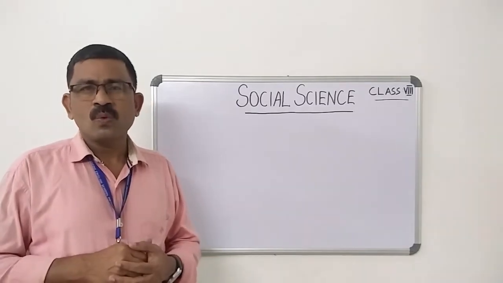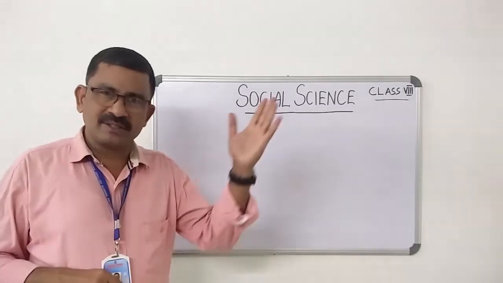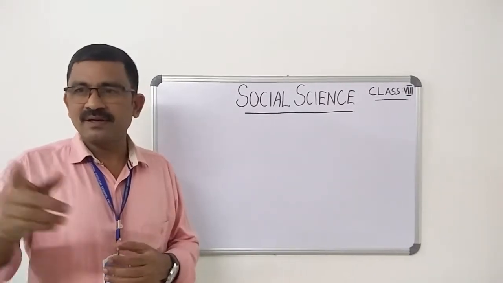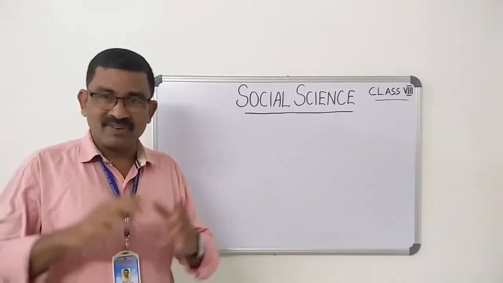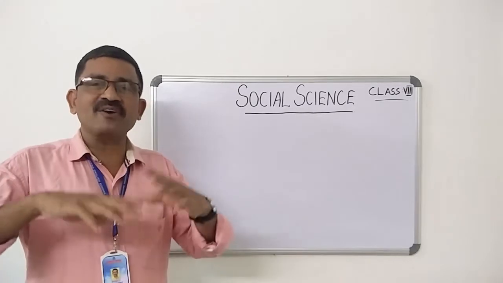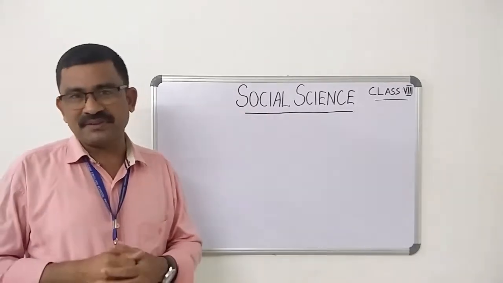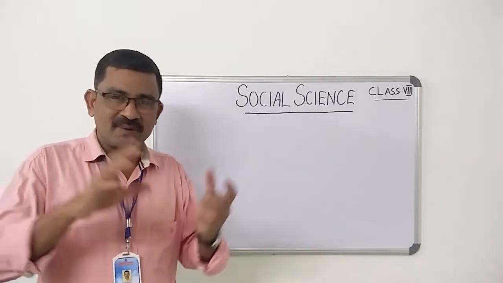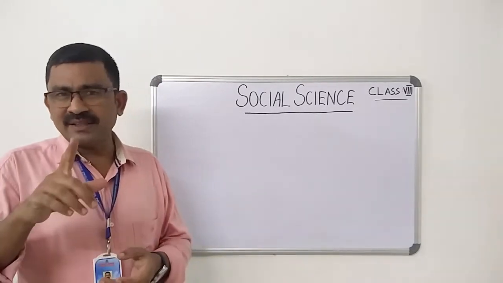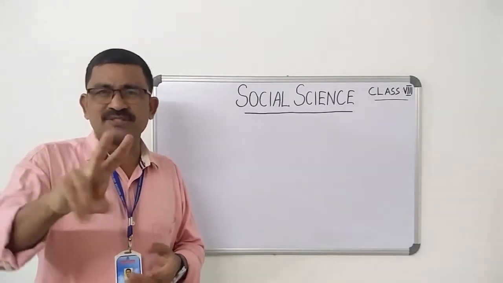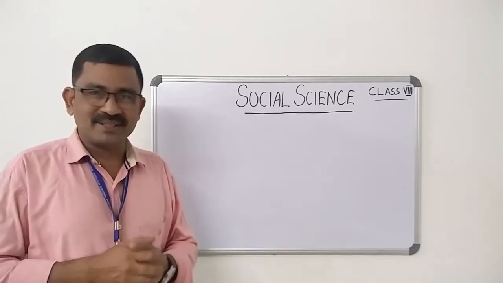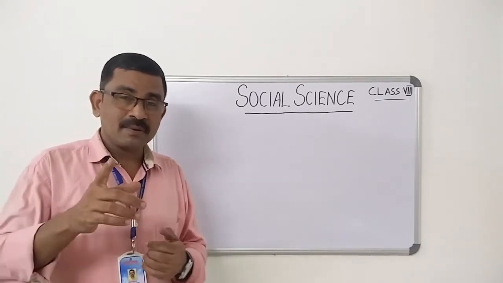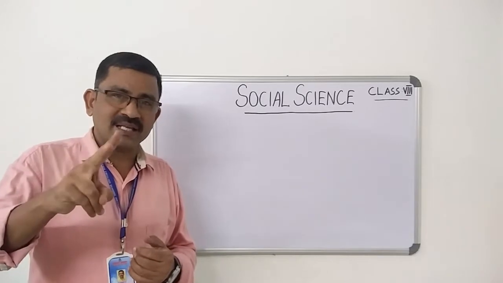Students, what have we learned in the previous class? Yes, we learned the different organs of government and the members of the government. The Indian legislature is known as Parliament, a bicameral legislature.